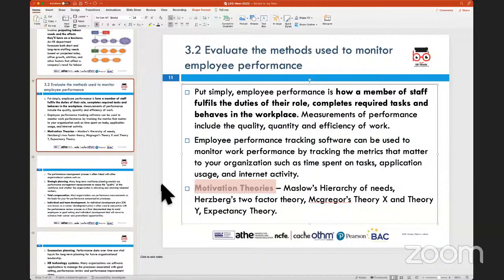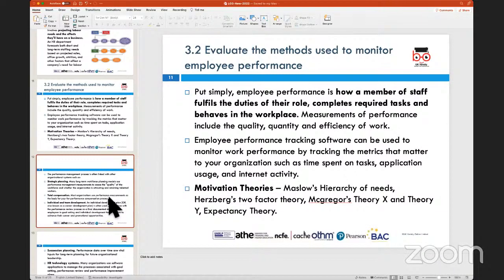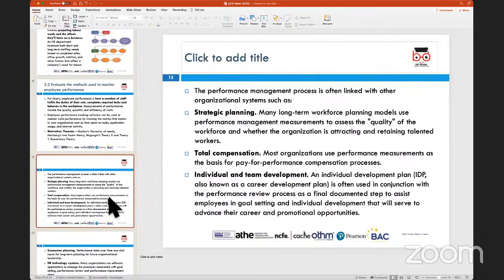Now, the HR would use these motivational theories in conjunction with performance-based techniques to help streamline how they want the employees to work within the organization.